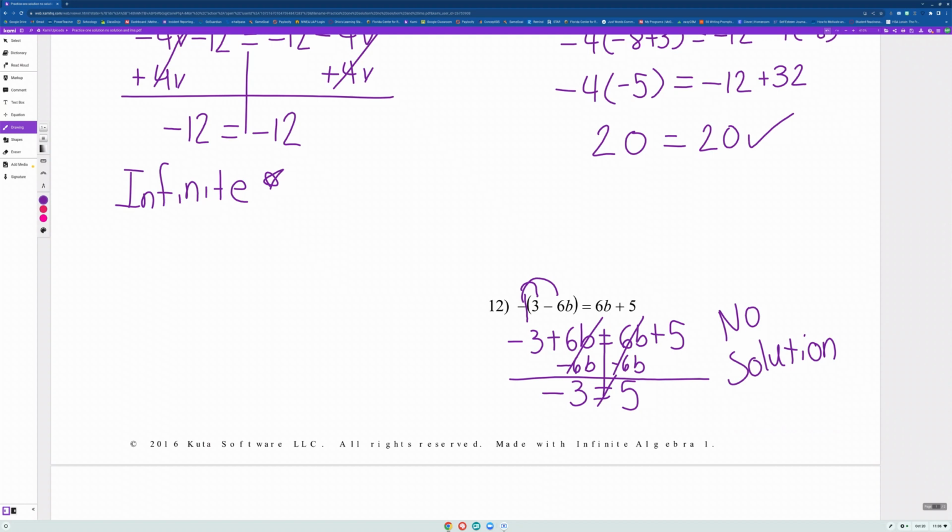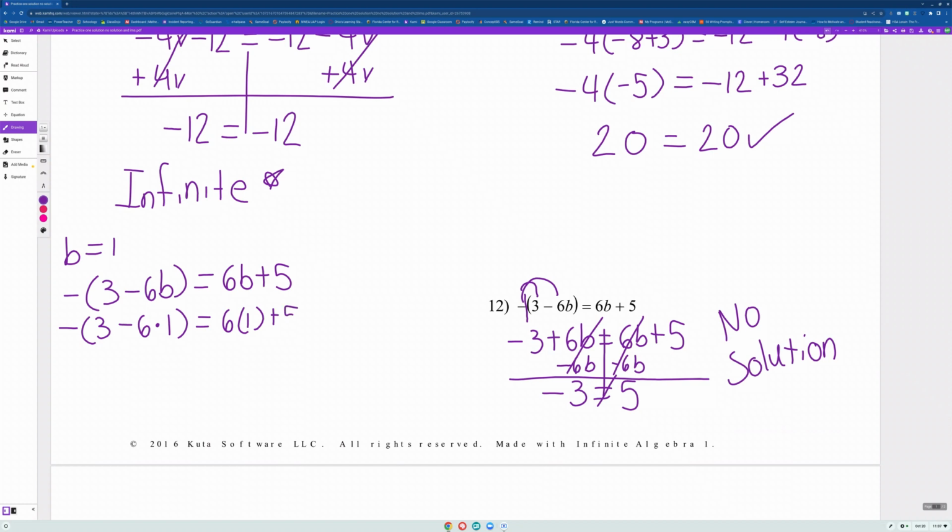All right, let's say that b equals 1. Okay, I'm going to try 1 for my answer. So I'm going to go ahead and rewrite it. -(3 - 6b) is equal to 6b plus 5. All right, so just plugging in my variable now. -(3 - 6 times 1) is equal to 6 times 1 plus 5.